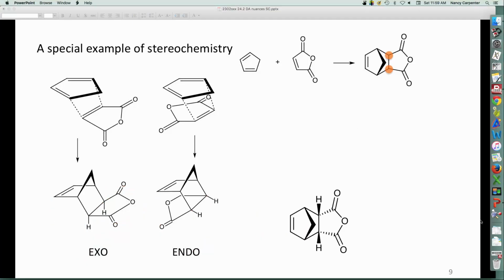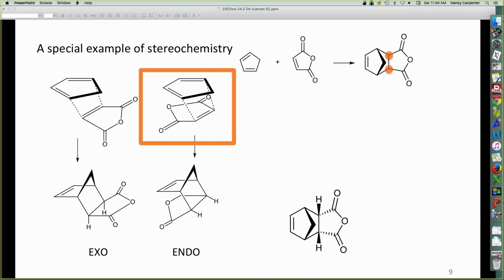Maybe. Oh, sigh. Well, the bottom line is, in these kinds of cases, endo is favored, and exo is disfavored. We hand wave our way through this by saying that there's some kind of funky overlap between these two pi systems that stabilizes the transition state.